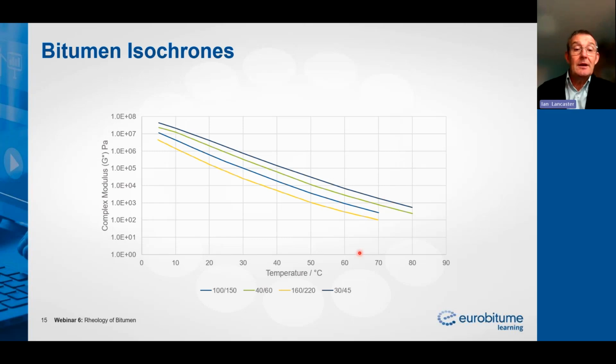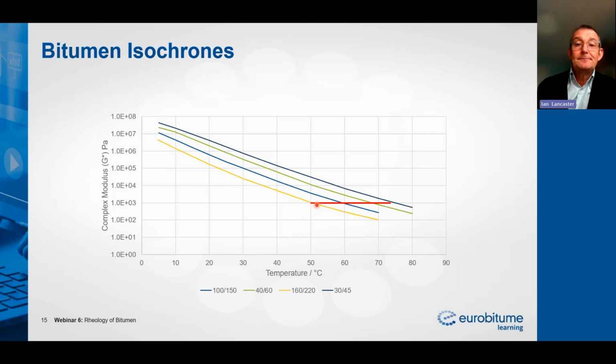The other thing to bear in mind, these are paving grade bitumens that I'm showing you here, but they all fall in a relatively parallel fashion. And the third thing is to show you the relationship between the different grades and their complex modulus.